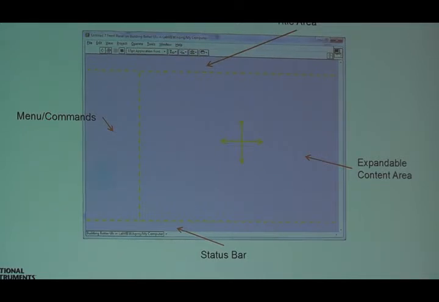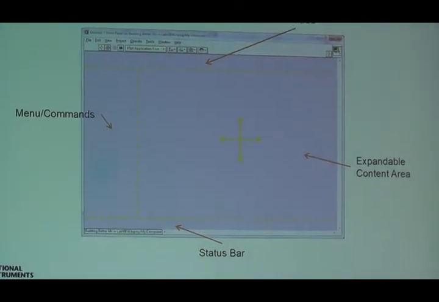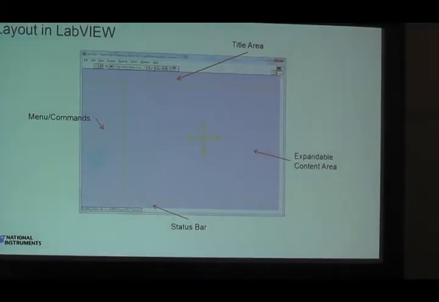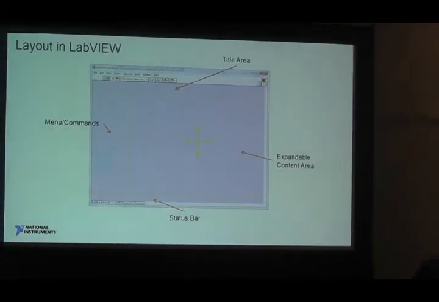And so the point of laying out our UI before we even put down a front panel controller indicator is to make sure that we recognize these different areas and we don't put things in the wrong area when we need to. And this helps us scale as well. So when we need to add a new piece of content or we need to add a new command, we know where it goes.